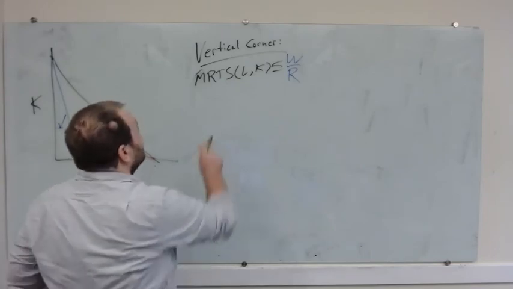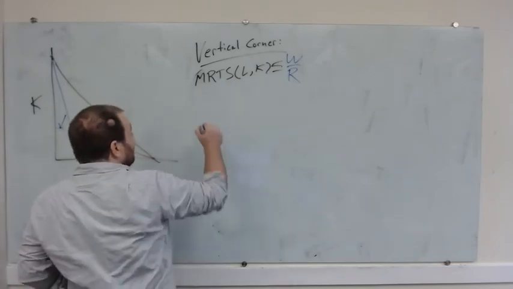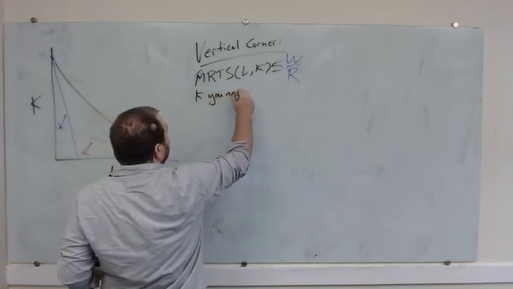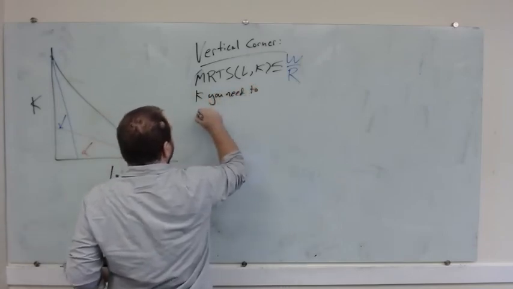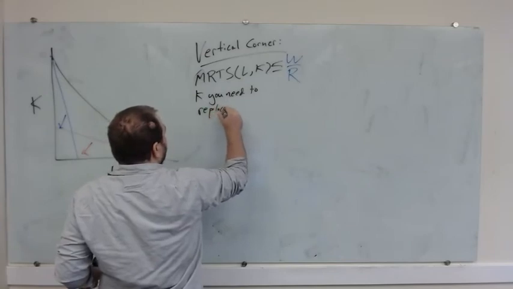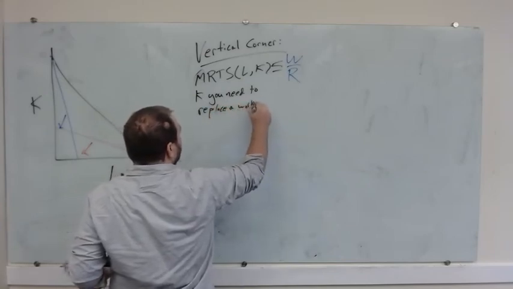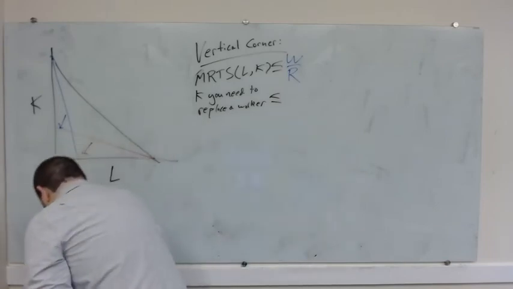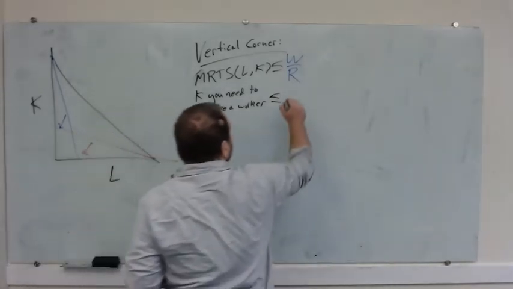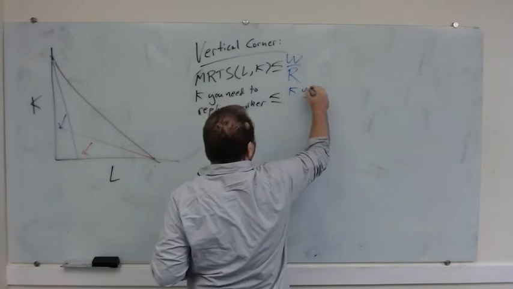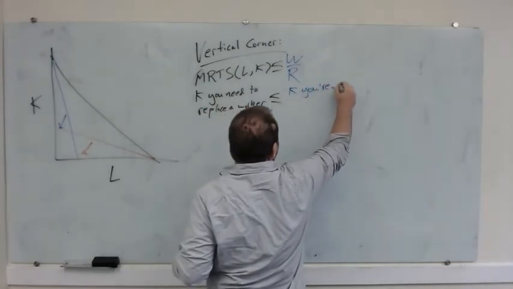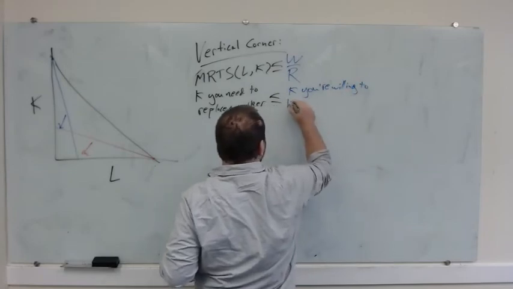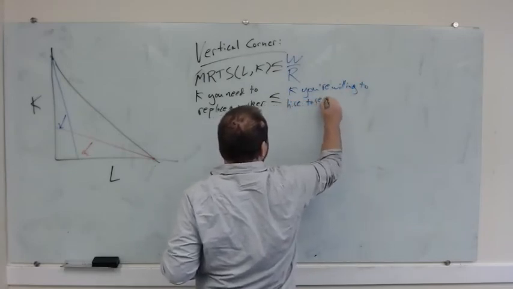So why does this make sense? Well, our MRTS is the amount of capital you need to replace a worker, which is going to be less than or equal to the amount of capital you're willing to hire to replace a worker.